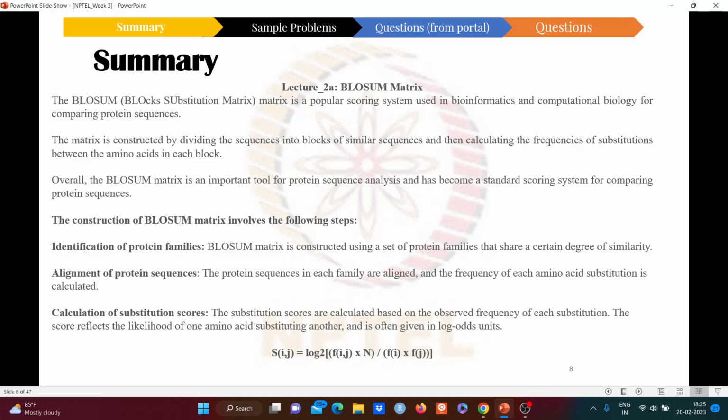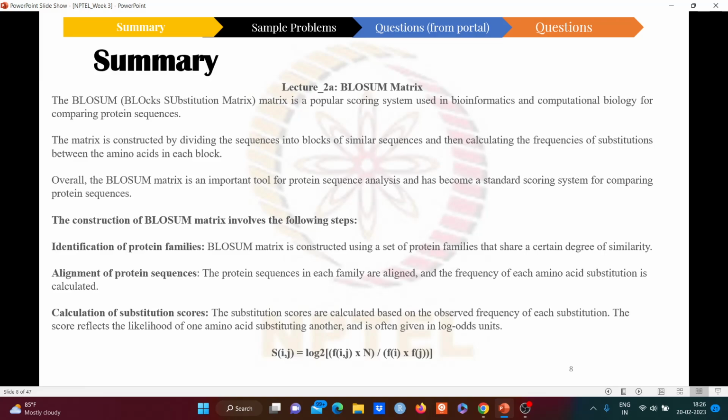This frequency table is then converted into a scoring matrix that assigns a score to each possible pair of amino acids based on their frequency of occurrence in the alignment. The major steps in the construction of a BLOSUM matrix include identification of protein families.